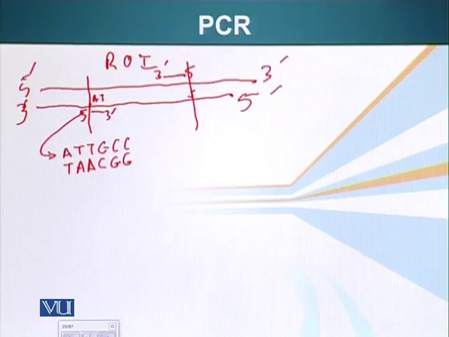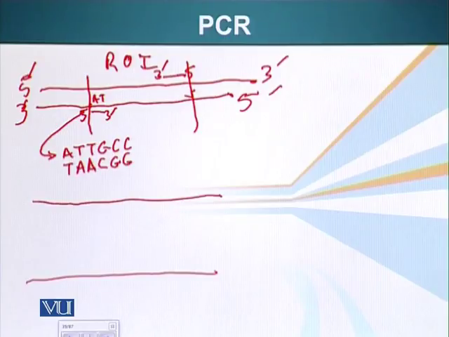First of all, you have to separate the 2 strands. So in PCR, we separate the 2 strands by heating the DNA in the reaction mixture tube. So now the 2 DNA strands are exposed. Their information is available to the outside molecules and, in specific, to the primer.